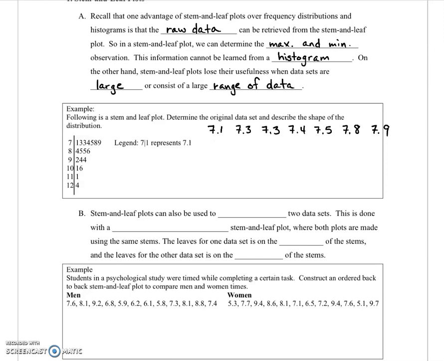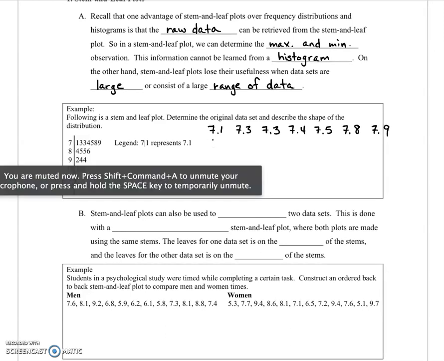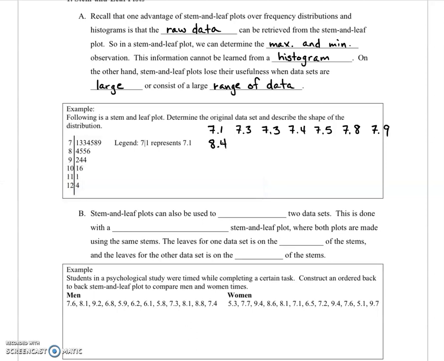Okay, you should pause the video and try to recreate all the rest of the data values and then restart the video and see if you're correct. So, for those of you who did that, we should then have 8.4, 8.5, 8.5, 8.6.